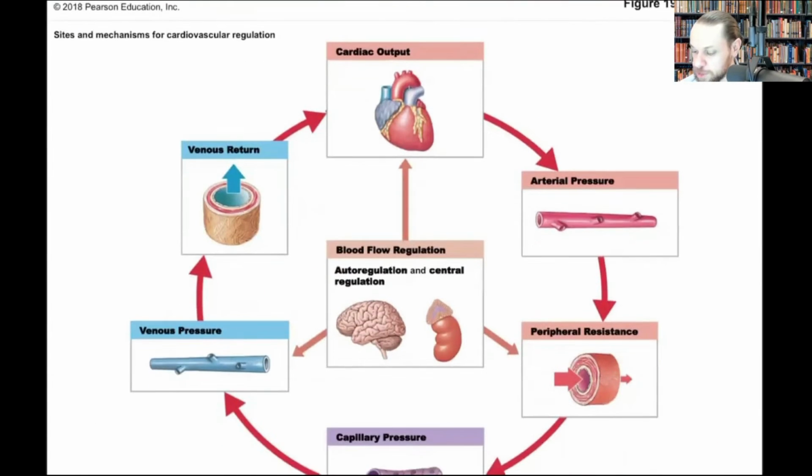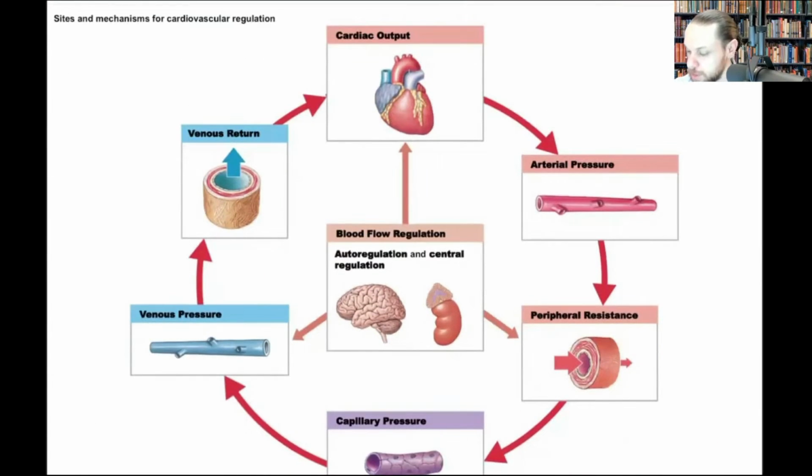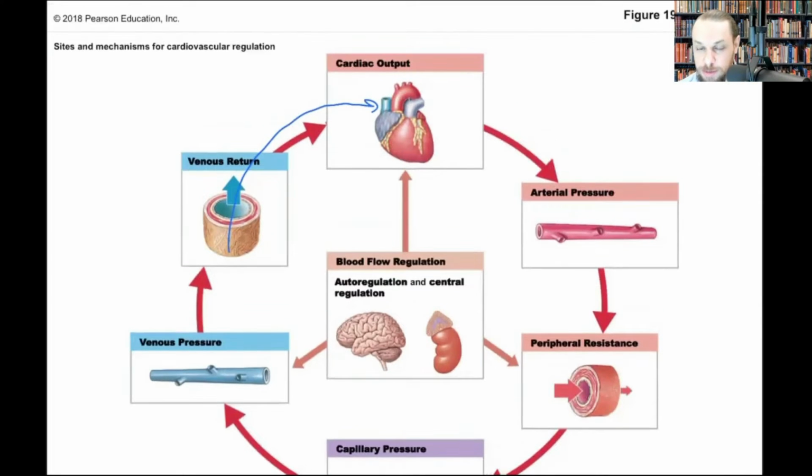So this is what basically shows you here. You could increase your venous return, which is the preload. It's going to come into your heart, and this can essentially increase your cardiac output, increase the amount of blood coming out if you increase your preload. If you apply arterial pressure, you're going to increase your blood pressure. How? By peripheral resistance.